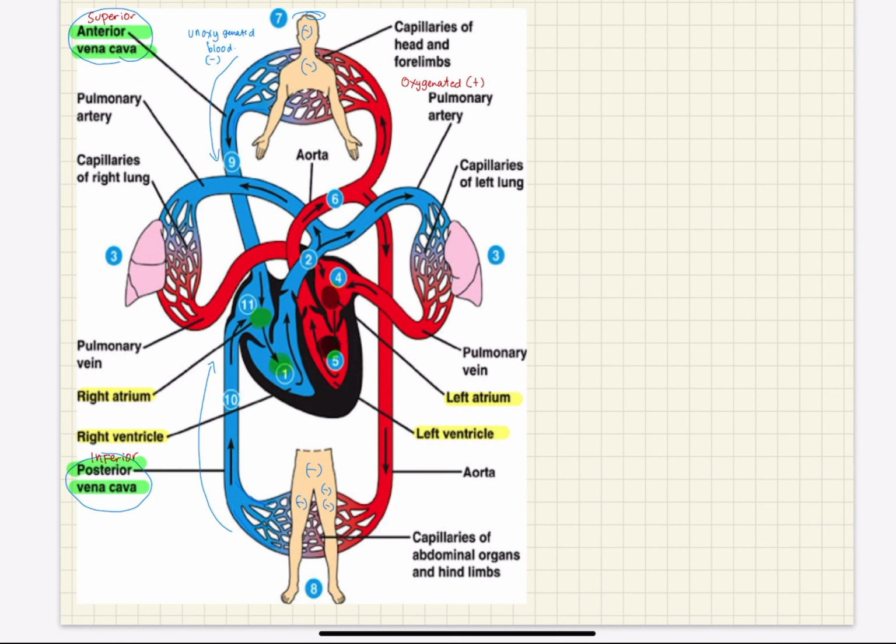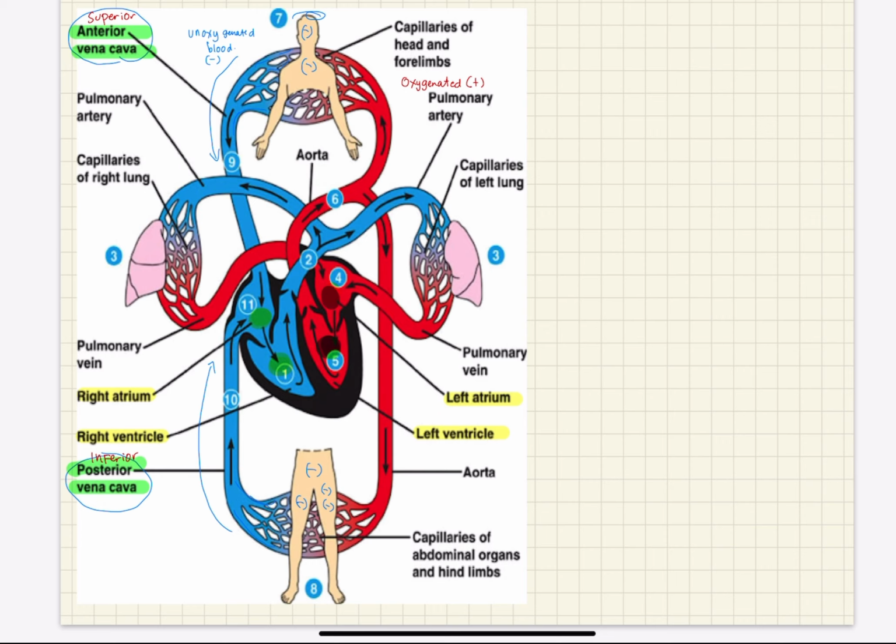Yung mga dugo na nanggagaling sa upper part of the body, they will go back to the heart using the superior or anterior vena cava. So dito po sila dadaan. Alright, so dito po. And then, yung mga dugo naman po which are unoxygenated na galing po sa lower part of the body, they will use the inferior or posterior vena cava, dadaan din po sila papunta dito.